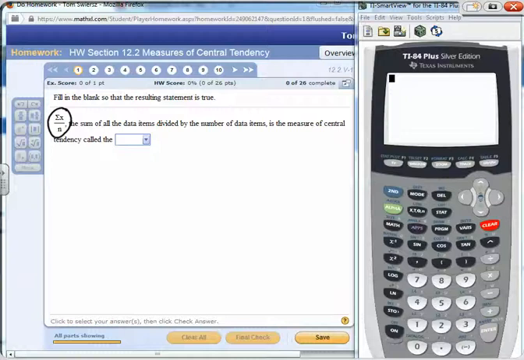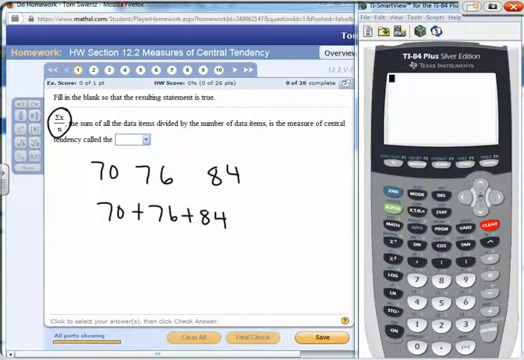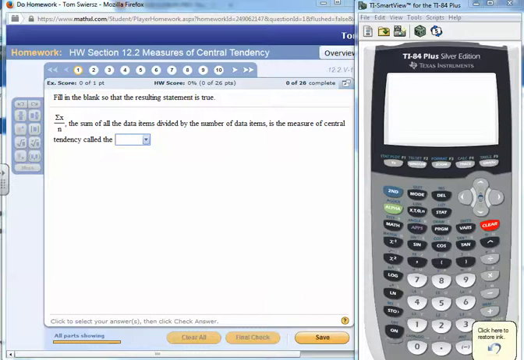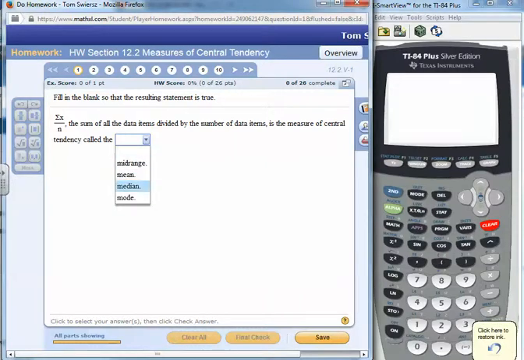When you add up all the scores, like 70, 76, and 84, 70 plus 76 plus 84 divided by the number of scores, 3, that's called your mean. So when you add up all the scores and divide by the number of scores, that's called the mean. Okay? We'll do some of these in a minute. So that's the mean.